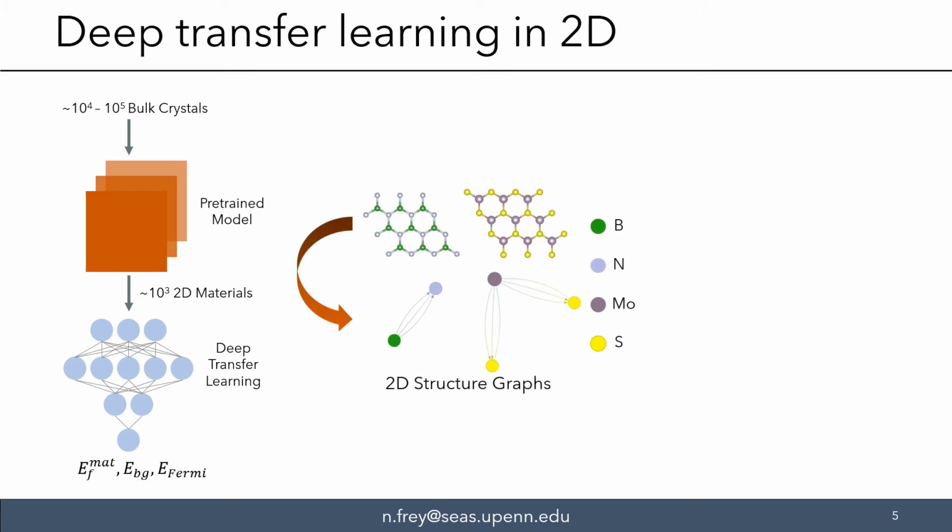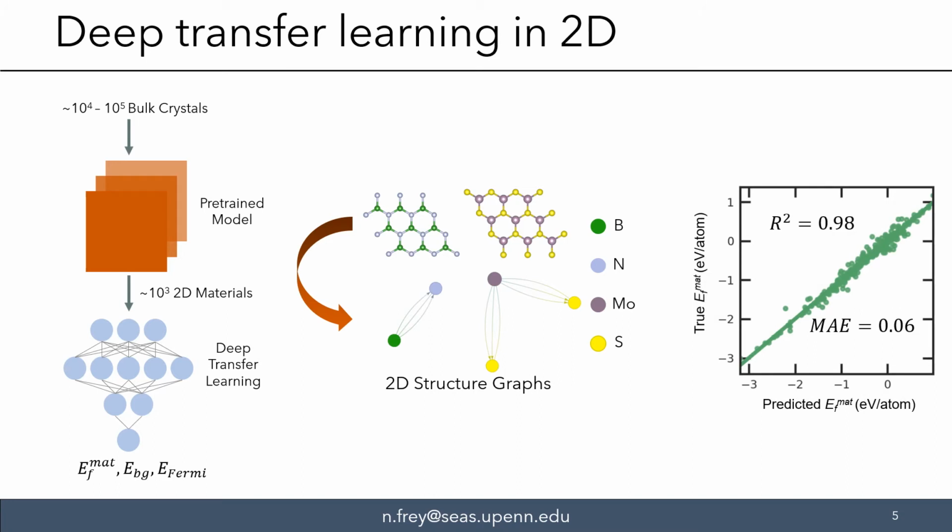We take theoretical and experimentally known 2D materials and represent them as graphs, where nodes are atoms and edges are bonds. And then that trained deep learning model is able to predict key quantities about the host materials quite well. So we can see here, for example, computing the thermodynamic formation energy of 2D materials.